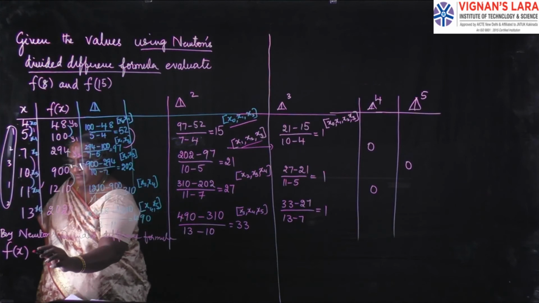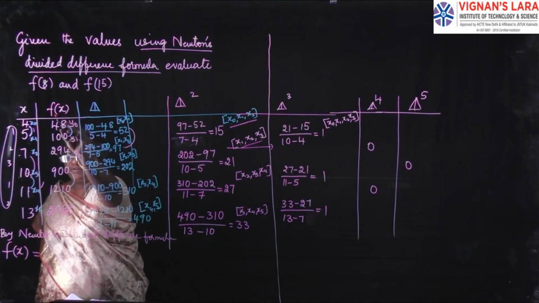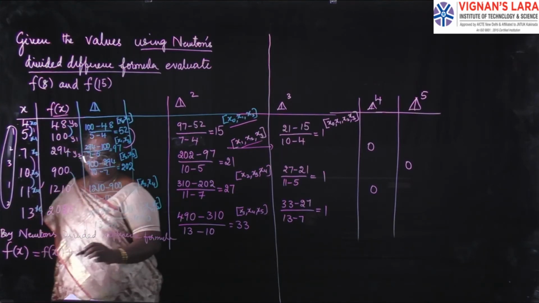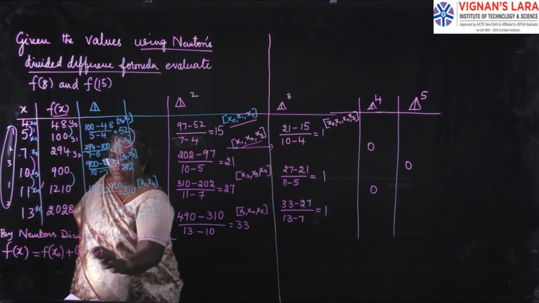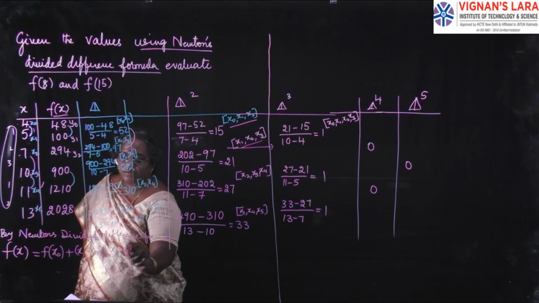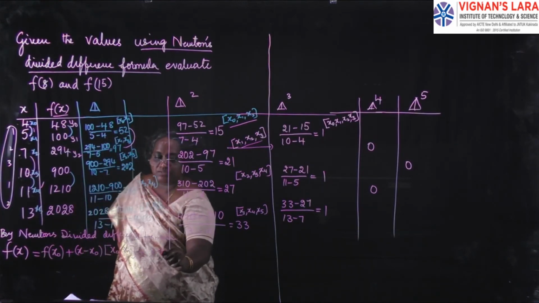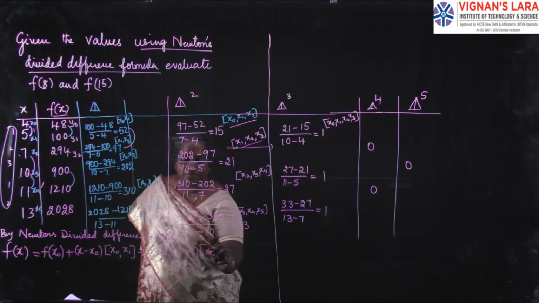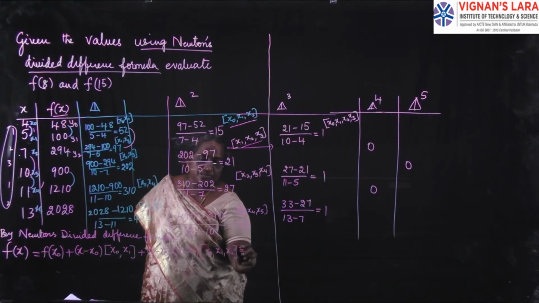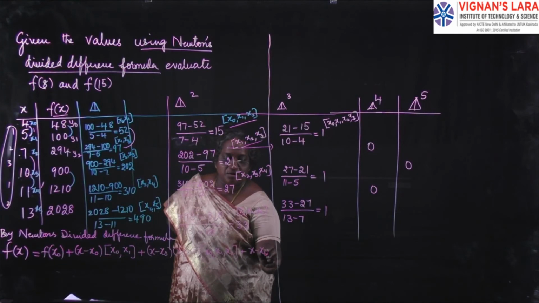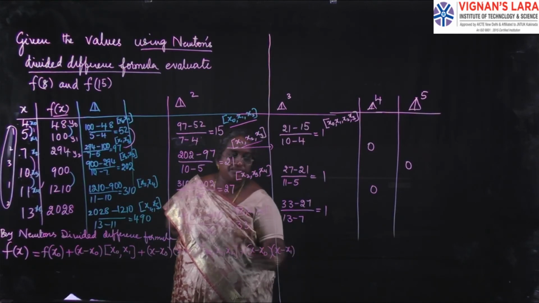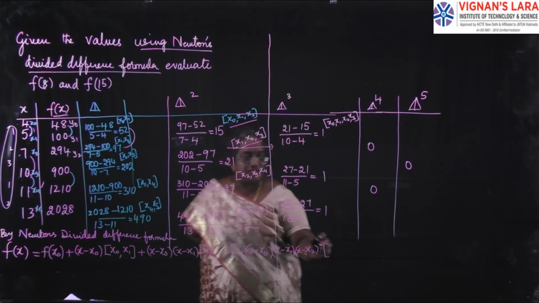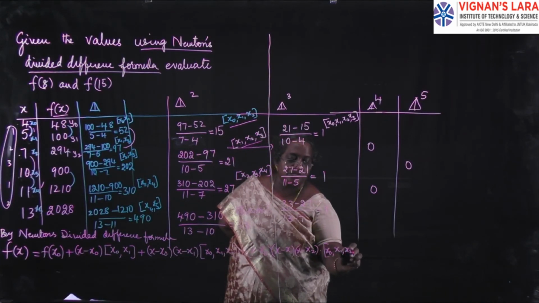So what do we get? f of x is equal to f at x0 plus (x minus x0) into the first divided difference of x0, x1, plus (x minus x0)(x minus x1) into the second divided difference of x0, x1, x2, plus (x minus x0)(x minus x1)(x minus x2) into the third divided difference of x0, x1, x2, x3.